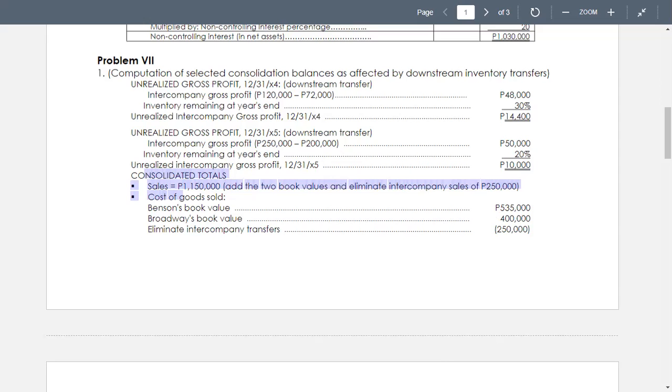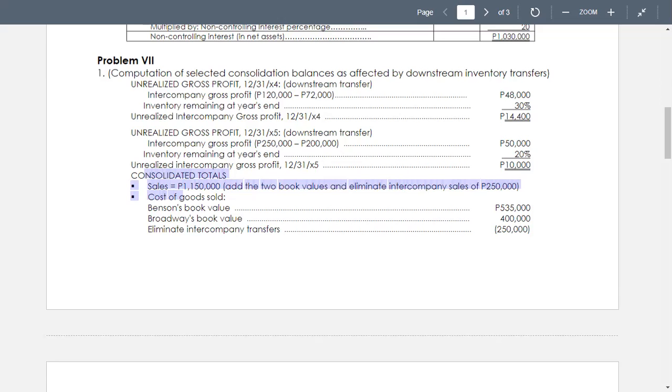Unrealized gross profit on December 31, 20x4, we have a downstream transfer. The intercompany gross profit of 120,000. That's the intercompany transfer. And we have now 72,000. That's the portion realized. So the difference is 48,000.